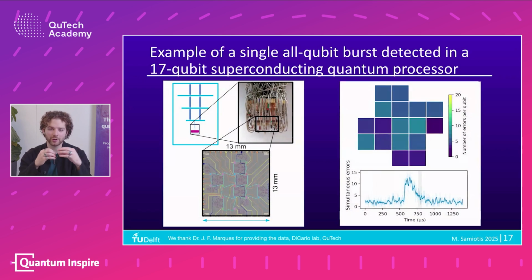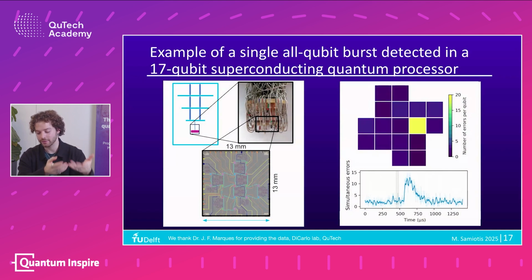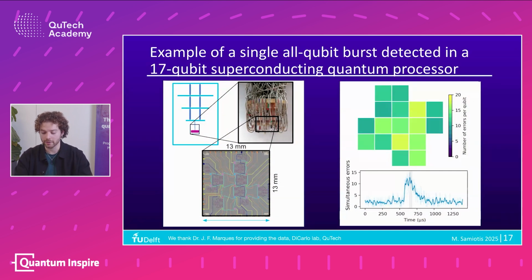When all the qubits are flashing, you can see when the chip was being struck by radiation. They then slowly recover, and it takes about the same time. It takes about 400 or so microseconds for all the qubits to relax back to the state that they were in before.